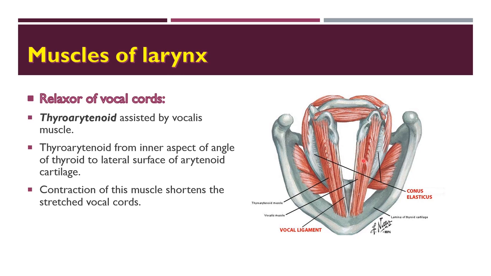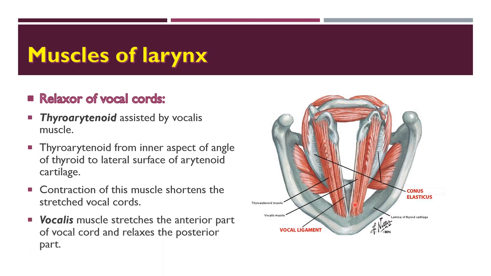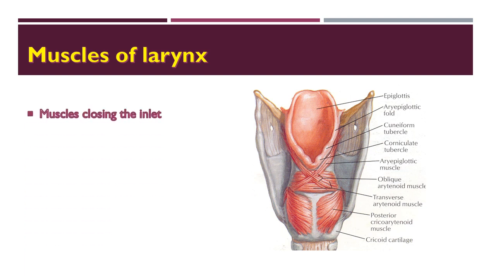So the vocalis muscle stretches the anterior part, which tenses, whereas it relaxes the posterior part, and that is the main function of the vocalis muscle. So we have discussed the tensor, relaxor, adductor, abductor of the vocal cords.